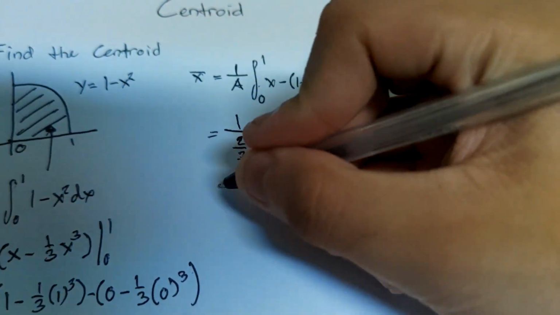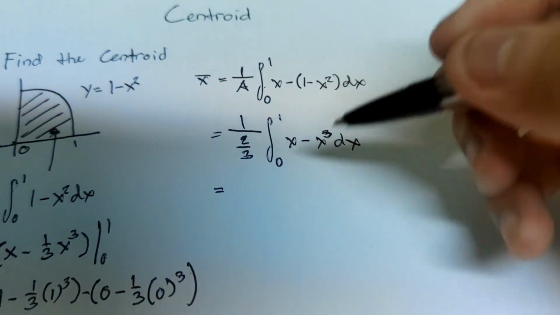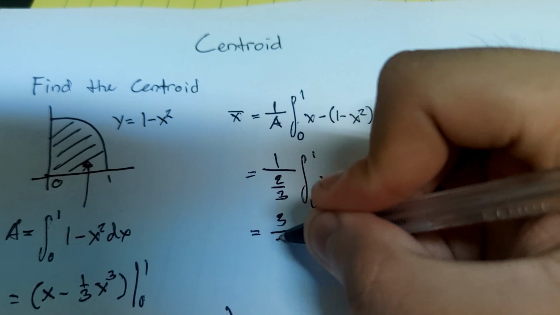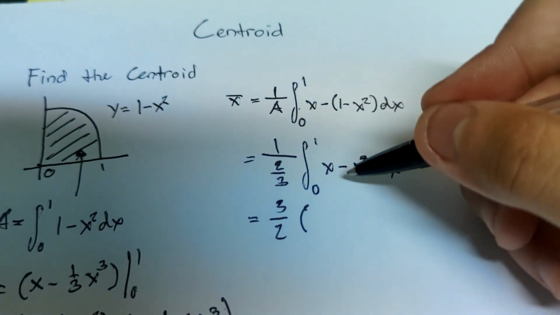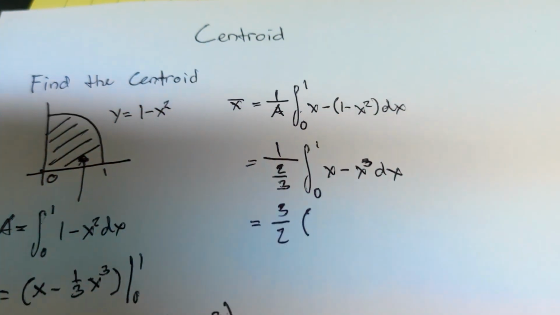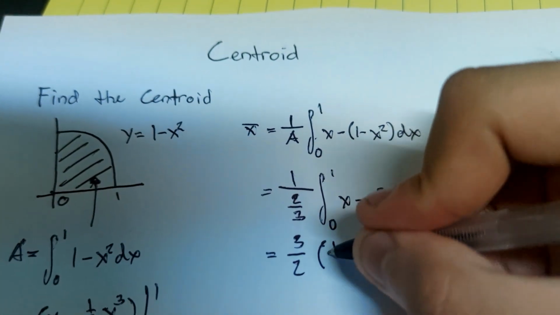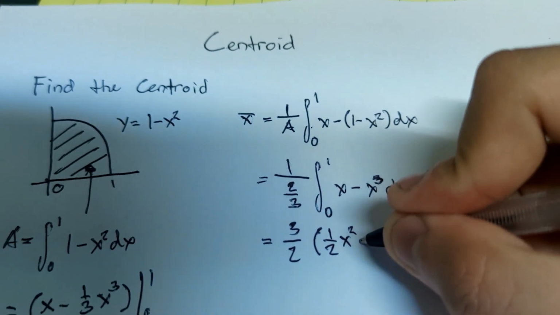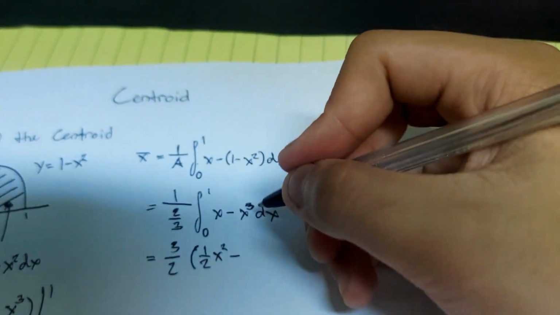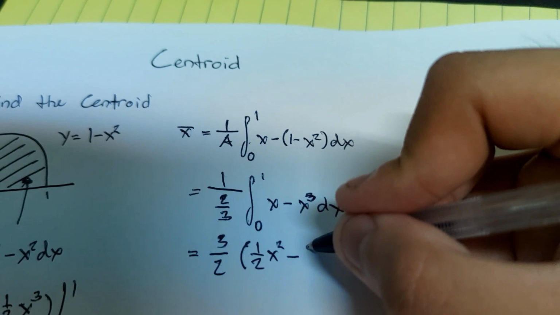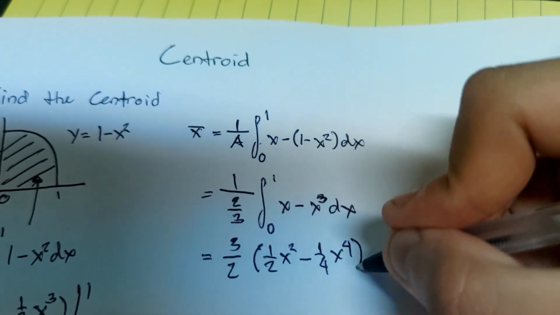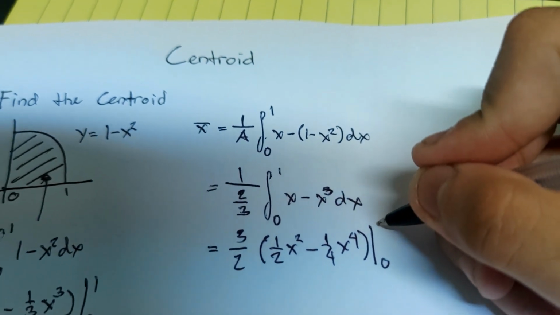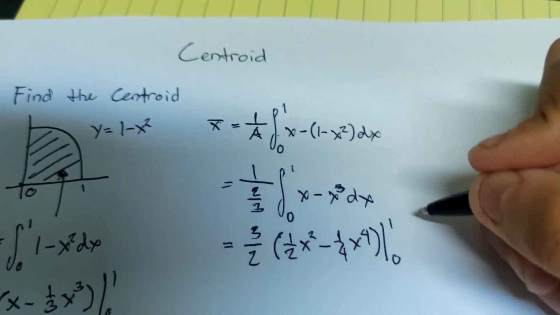So now this one we can integrate. 1 over 2/3 is just the reciprocal, 3 over 2. By using the power formula, we can integrate this as 1/2 x squared minus the antiderivative of x cubed, which is 1/4 x to the 4th, and then we can plug in our limits here.